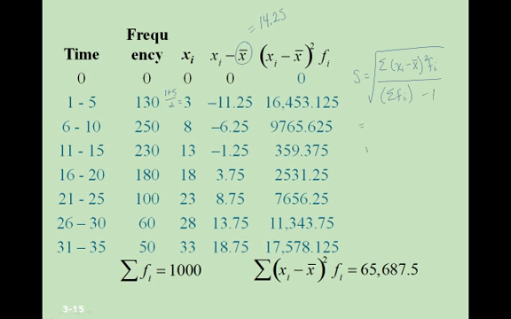So under our square root sign, we have 65,687.5 divided by 1,000 minus 1. So we see that under the square root sign, we'll get a value of 65.8 approximately. And when we take the square root, we'll get about 8.1 hours. And this would be our standard deviation for the number of hours spent preparing for class each week.